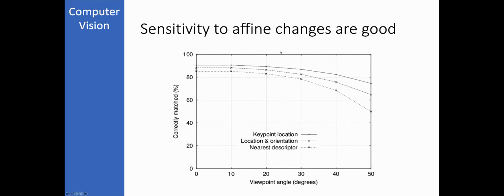It is indeed the case that even at viewpoint differences of 20 degrees, SIFT achieves quite good matching accuracies. Obviously, if the viewpoint is increased further, so I really create a lot of variation in the viewpoint of a scene, then the correctly matched percentage decreases. But up to 20 degrees, SIFT is quite robust to viewpoint differences.